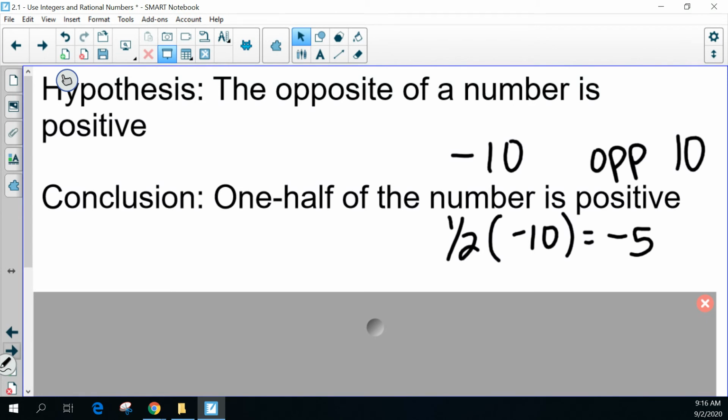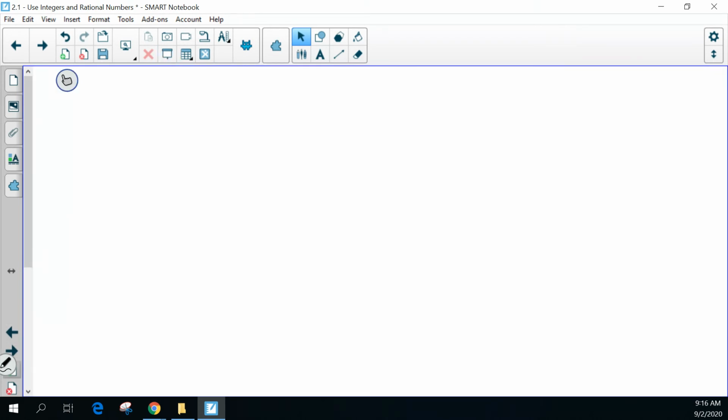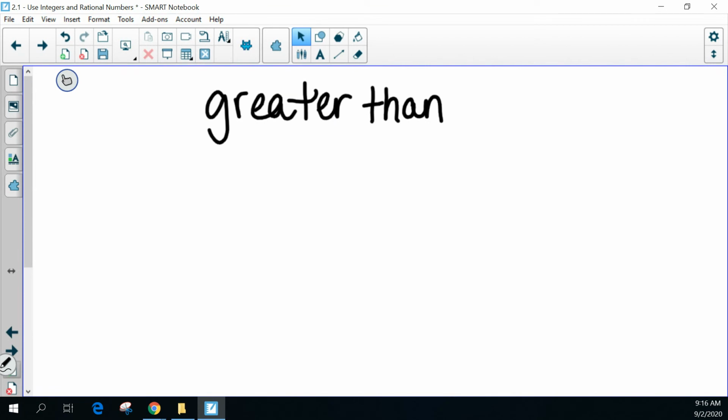All right. When you are graphing on a number line, I think some of your homework assignment has some greater than or less than. So we're going to add that on here. If you see the words greater than, that shouldn't be new to you. So this would be greater than.